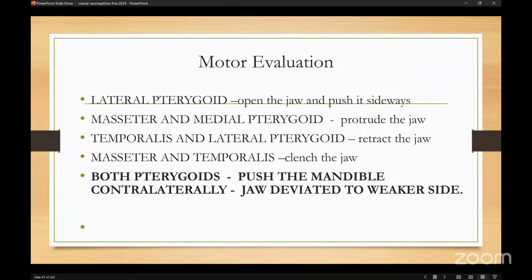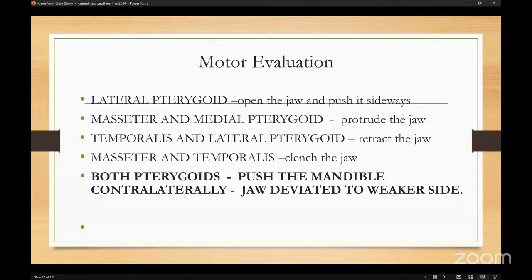So whenever there is a fifth cranial nerve motor involvement, the jaw is deviated to the weaker side. That you should remember by the rule of 17, that is 12 plus 5. Okay. So in the 12th cranial nerve also, the tongue deviates to the weaker side. Similarly, in the fifth cranial nerve also, the jaw deviates to the weaker side.